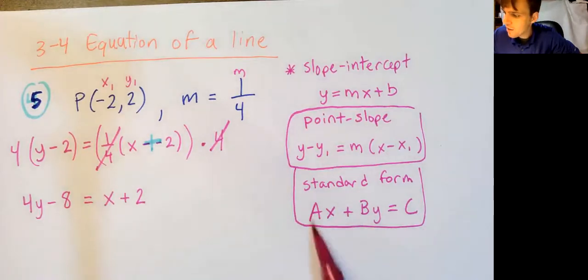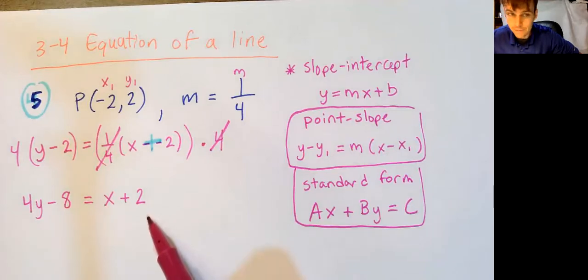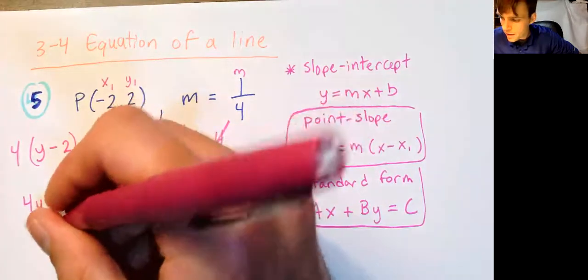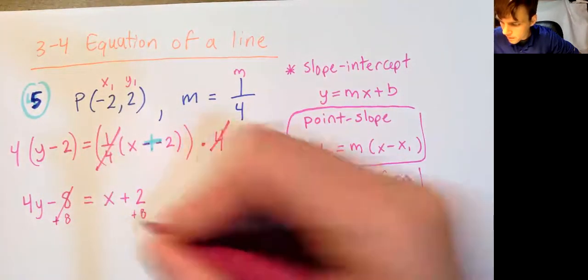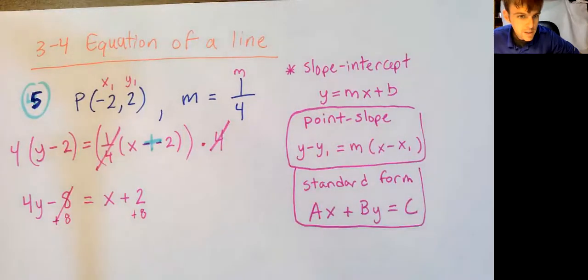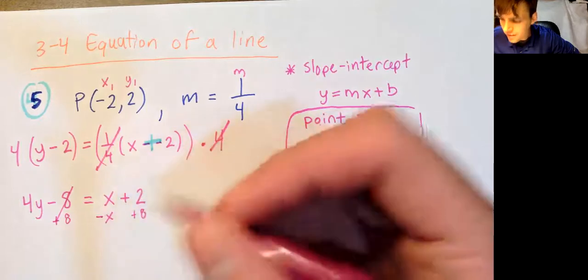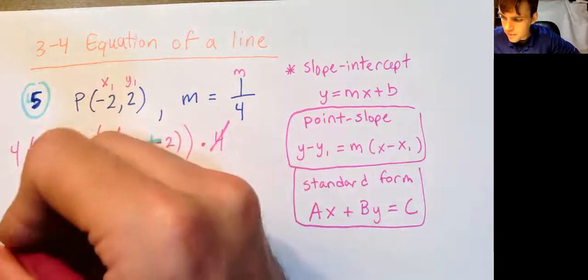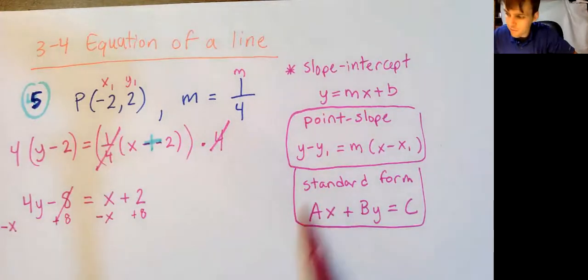To get it in standard form, there's just a little bit more to do. I need to move this x over, and I need to move this 8 over. So to get rid of this 8, that's going to be a pretty easy one. I'm going to add 8. I'll add it to the like term on the other side. I'm going to go ahead and subtract an x. Since I don't have any x that I need to move anywhere, I'm going to subtract it here at the beginning of this equation, because in standard form, the x term goes first.